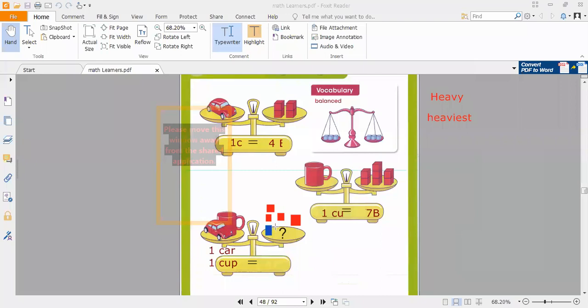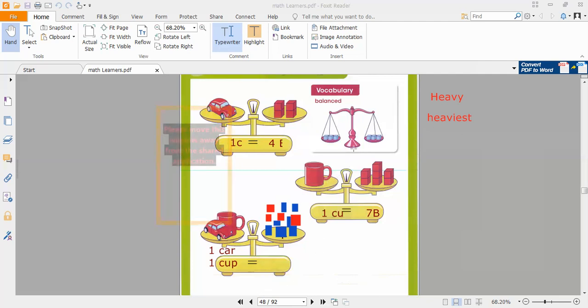1, 2, 3, 4, 5, 6, and 7. This is 7. So 4 plus 7 is 11.